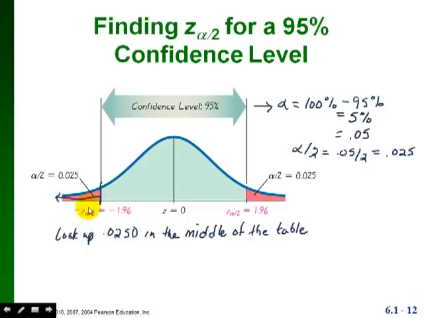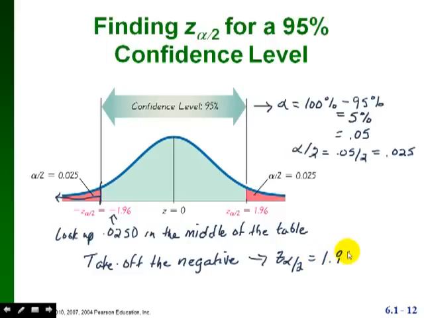What that's going to give us is a negative value. So if we look that up, the value that's closest to that is going to give us a z-score of negative 1.96. Now all we have to do is just take off the negative. That's going to give us our critical value of 1.96.